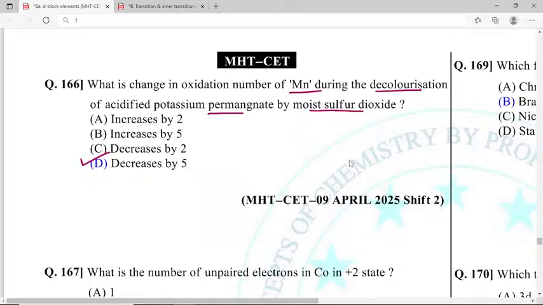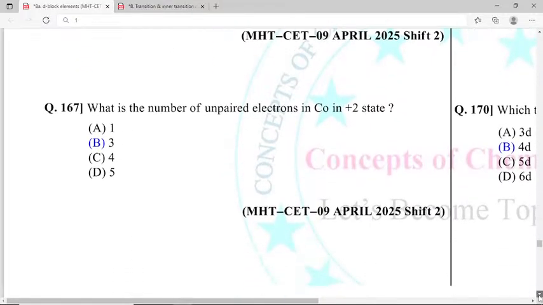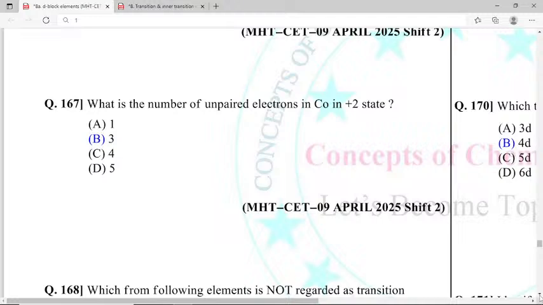Mn +7 to Mn +2, decreases by 5. What is the number of unpaired electrons in cobalt +2? 3d7 has 3 unpaired electrons.